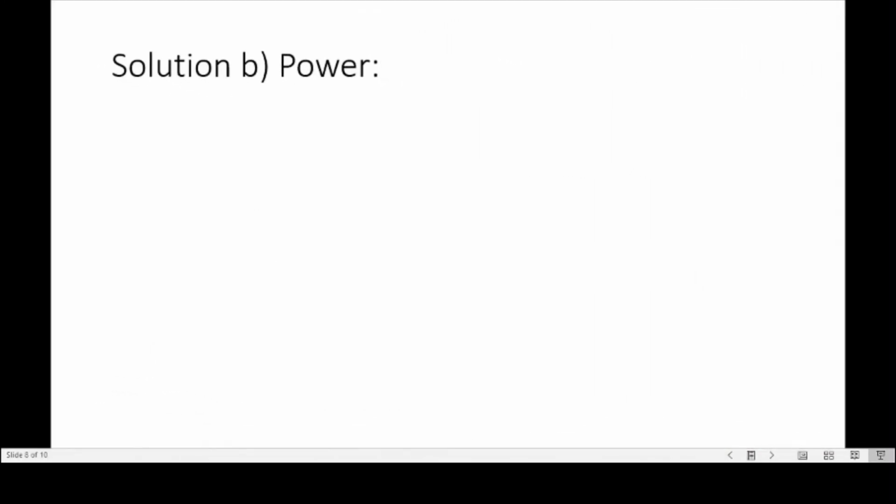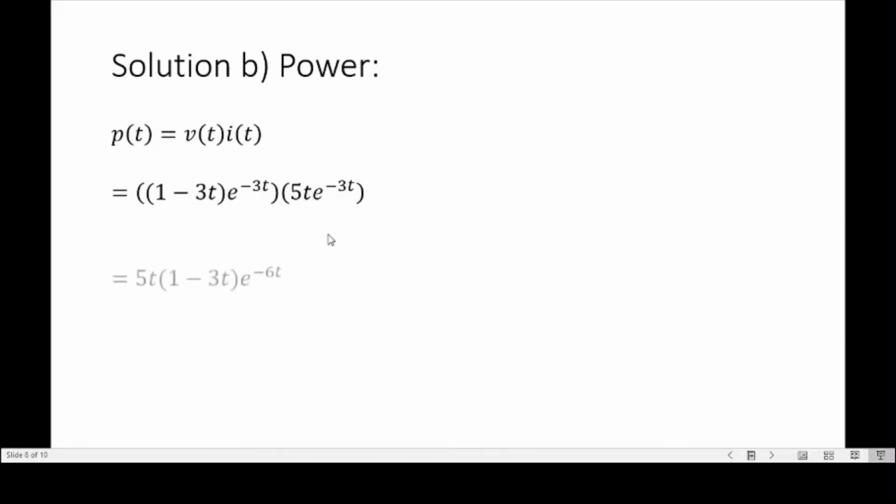Okay, so now let's solve for power. Power is just V(t) times I(t). So we were given V(t) and we solved for I(t). So we could just sub them in together and take the product. When we sub in V(t), we have this equation. When we sub in I(t), we have this equation which we just calculated. And we could see how there's an e to the negative 3t and e to the negative 3t here.